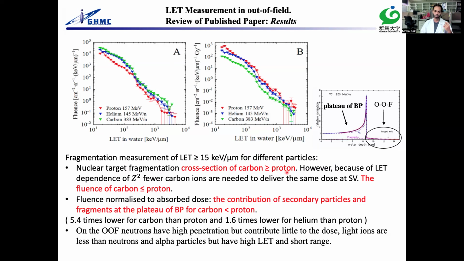However, because of the LET dependency on Z squared, the square of the ion's charge number, fewer carbon ions are needed to deliver the same dose at the sensitive volume, which means the fluence of carbon is way less than protons.